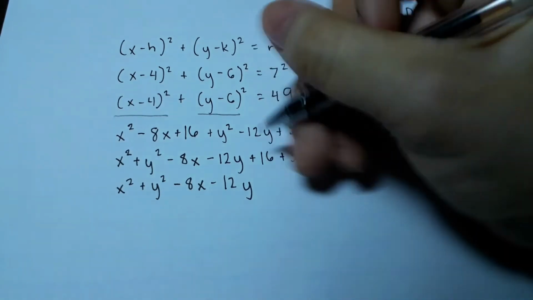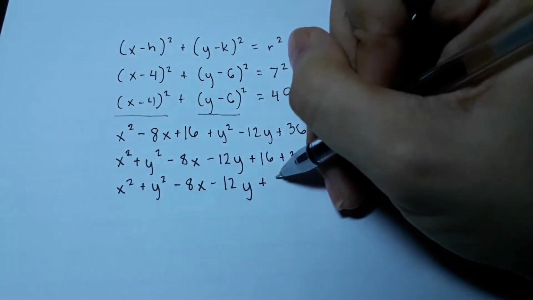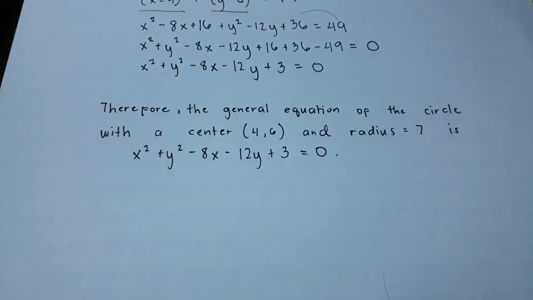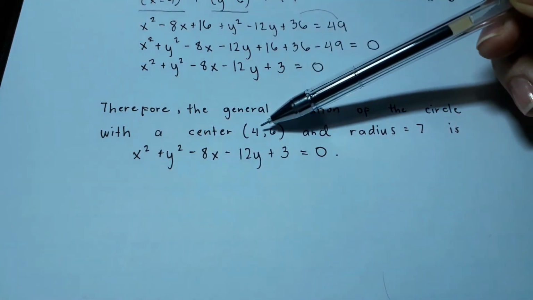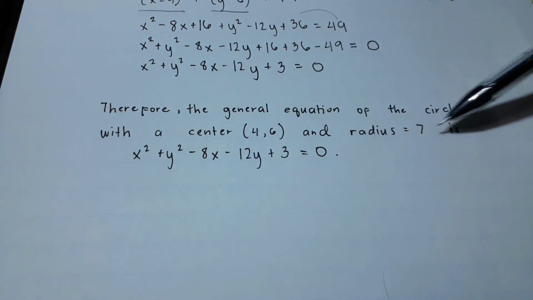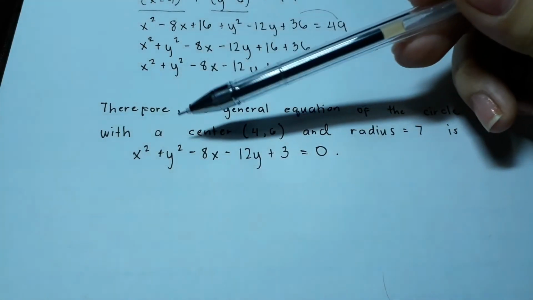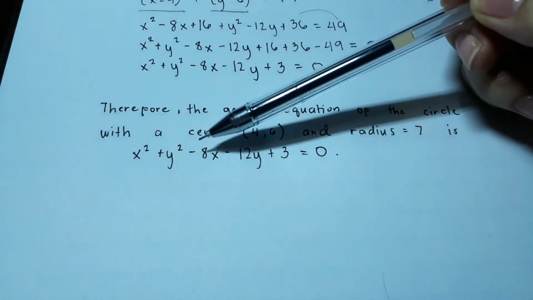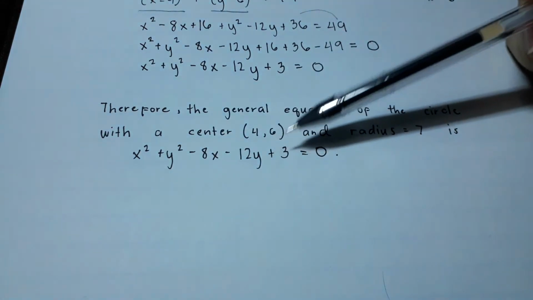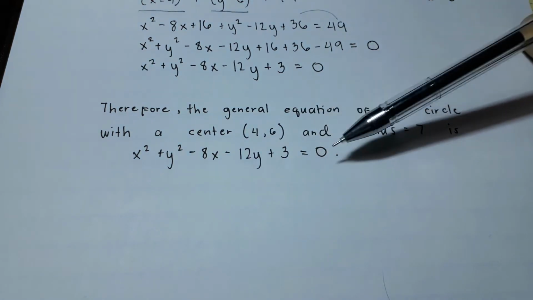Minus 49 is positive 3, then equal to 0. Therefore, the general equation of the circle with the center (4, 6) and radius 7 is x squared plus y squared minus 8x minus 12y plus 3 equals 0.